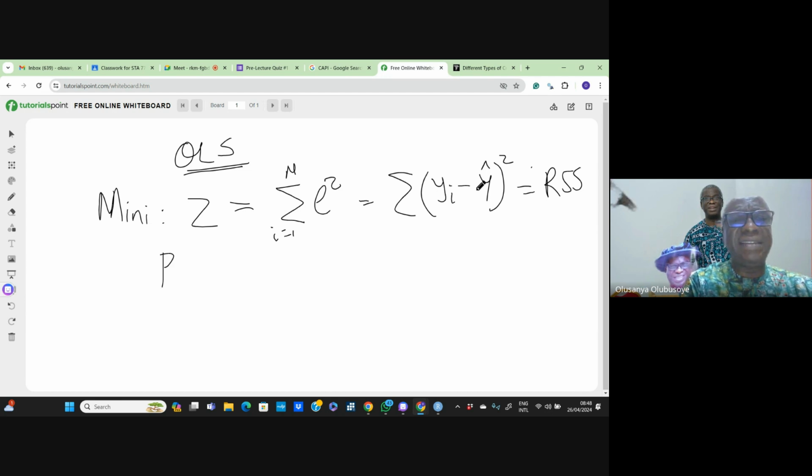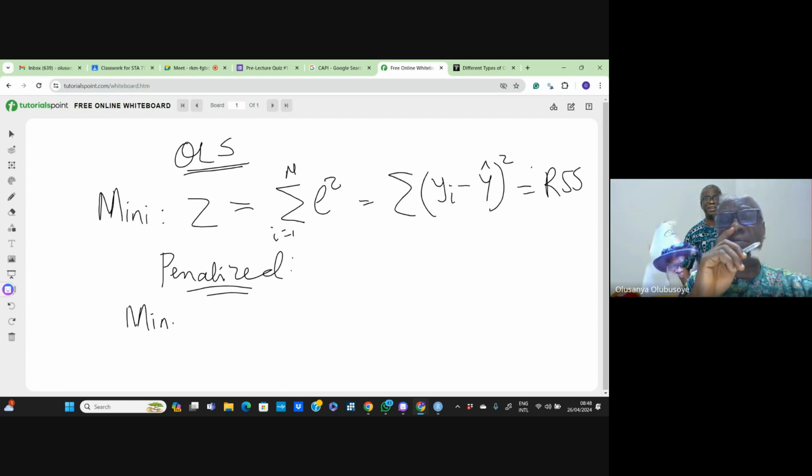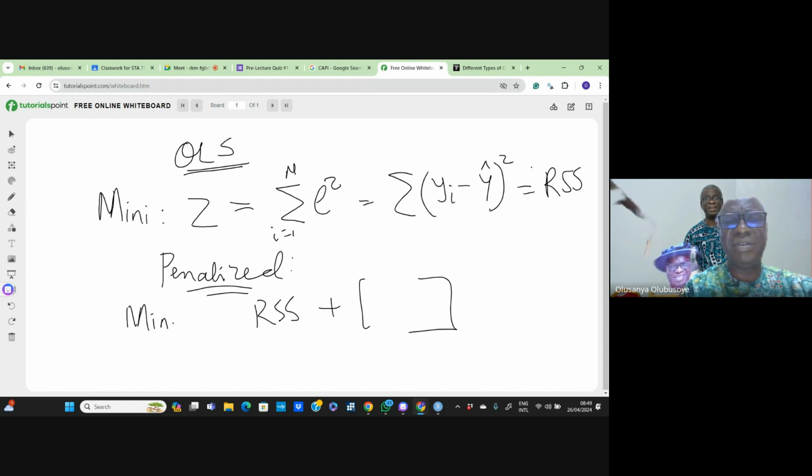So in penalized regression, you are also minimizing. But this time, you are minimizing two things simultaneously: the RSS plus another component. Which means if this component equals 0, then the penalized regression reduces to OLS.